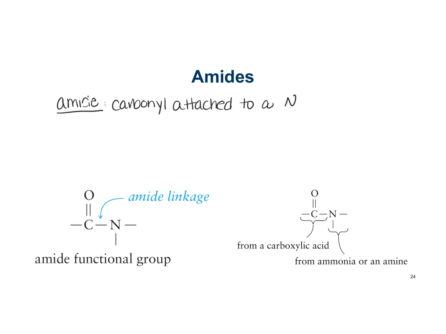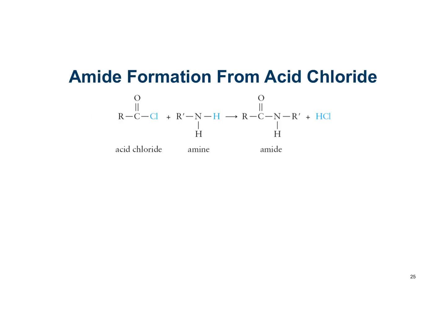However, we've already looked at a reaction of amine with a carboxylic acid, and that normally produces a salt and not an amide. So for this reason, the preparation of amides requires a more reactive acid chloride or acid anhydride, and we've seen those be more reactive in previous screencasts.